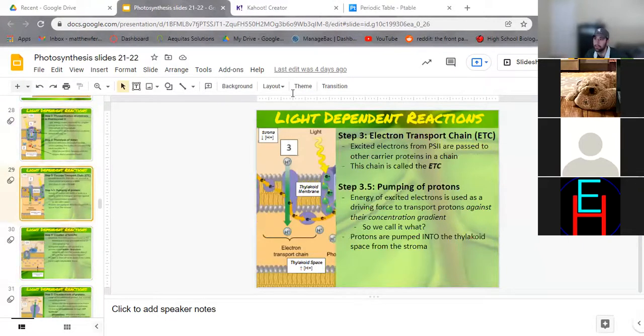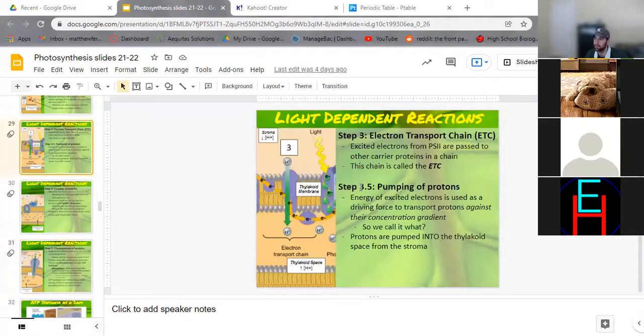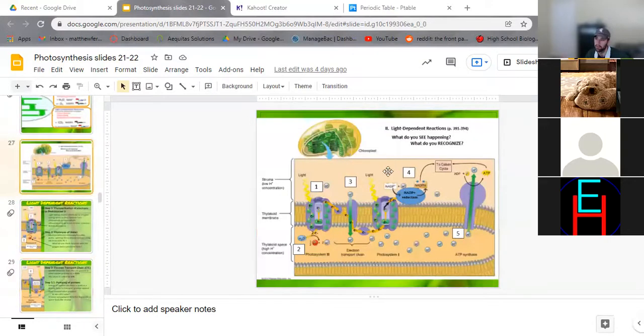The ETC was also bringing in protons. So step 5, where did the protons inside the thylakoid space come from? They came from steps 2 and 3. Now I technically refer to it as 3.5 here, but steps 2 and 3. If we were to look in this figure, we'd say these protons that we see here are actually a result of step 2 and step 3.